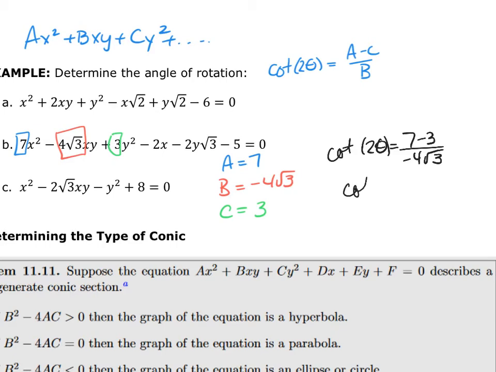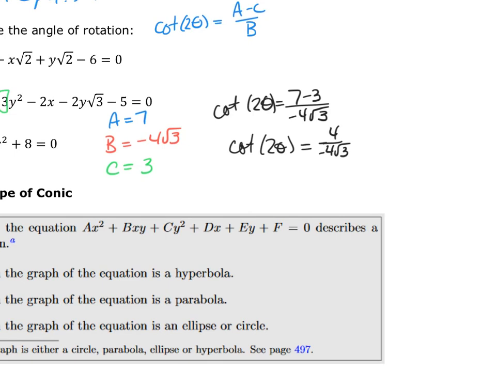So the cotangent of 2 theta is equal to positive 4 over negative 4 root 3. And so I have the cotangent of 2 theta is equal to negative 1 over root 3. So I look on my unit circle to see where my angle is equal to negative 1 over root 3.